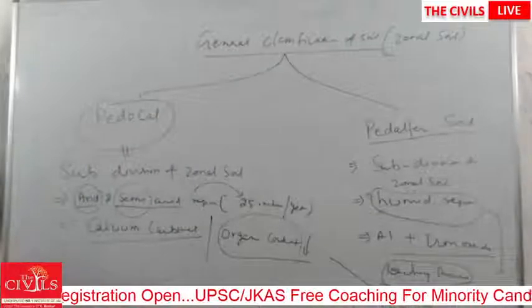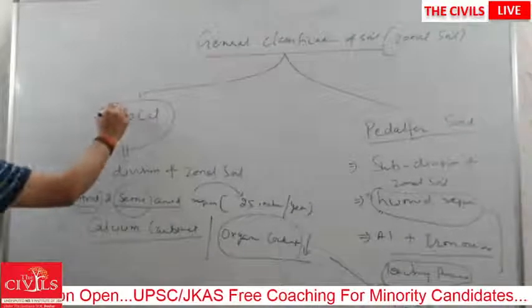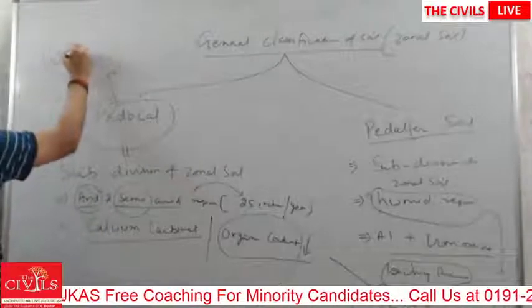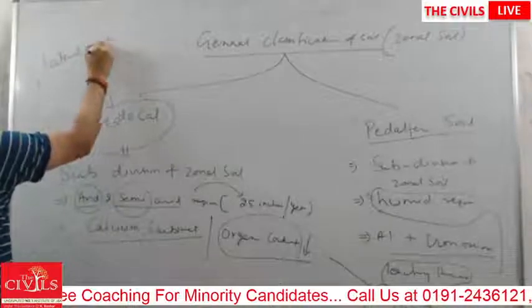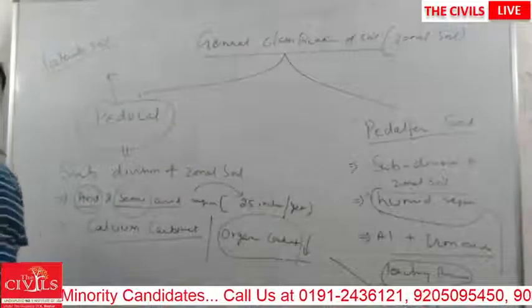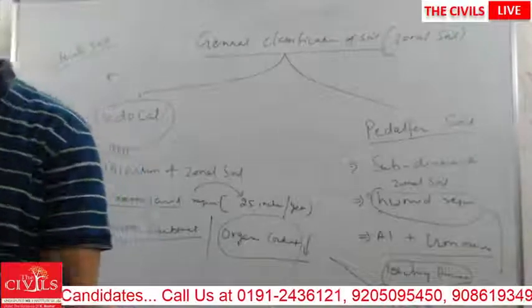Now examples of peduncle soil are xerogen soil, chernozem soil and chestnut soil.